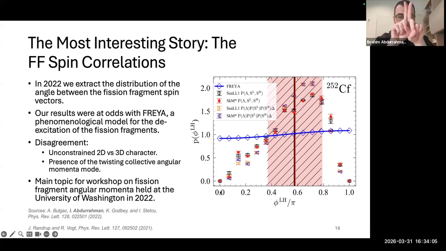So at 0 degrees, they're parallel. At 180 degrees, it's anti-parallel. And at the middle here, close to where this line is, if you can see my mouse, this would be them being perpendicular.